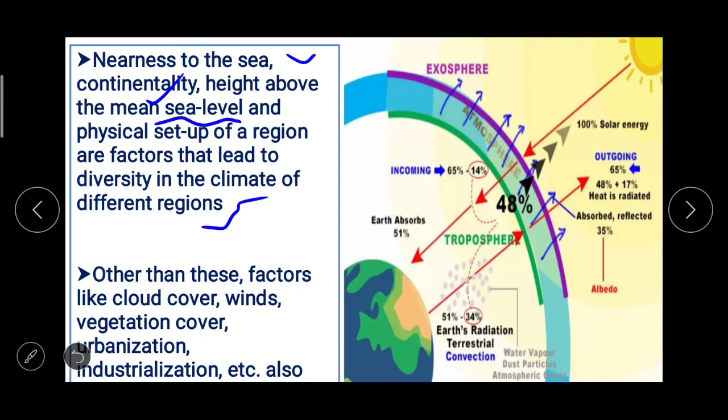Other than these, factors like cloud cover, winds, vegetation cover, urbanization, industrialization, etc. also influence the local climate. Now here 100% solar energy in the figure you can see, but here earth absorbs 51% only.